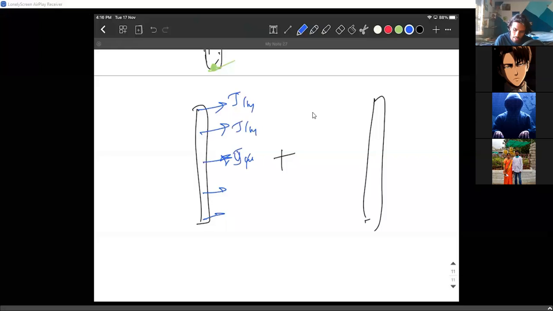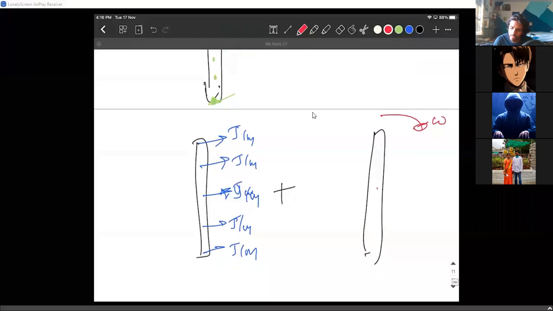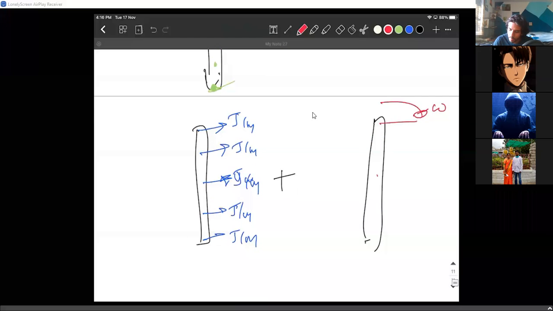Because of the rotatory motion, which is rotating like this about the center, this part is going with L by 2 omega in this direction, and this part with L by 2 omega in this direction. If somebody asks you about this point or this point, this goes with L by 4 omega in this direction.